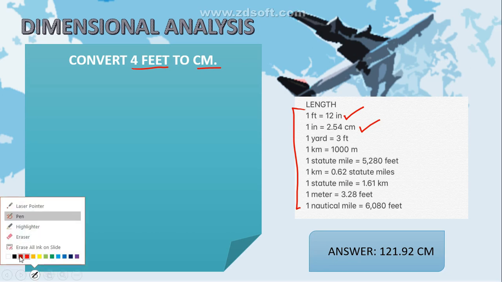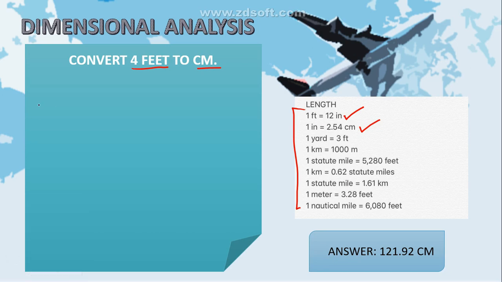Okay. We have given 4 feet. Then, multiply it by the first conversion factor, which is 1 foot is 12 inches. Since for the feet, when there is no denominator, usually your denominator is 1. So here, to cancel the feet, you have to put 1 foot at the bottom so it cancels. And then, the 12 inches, we put on top.